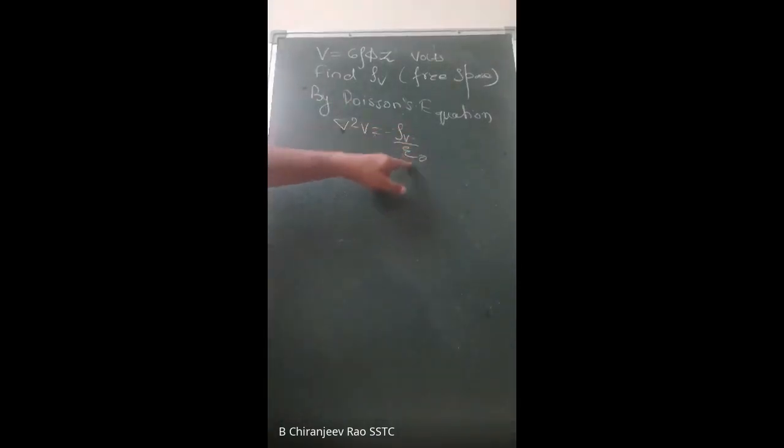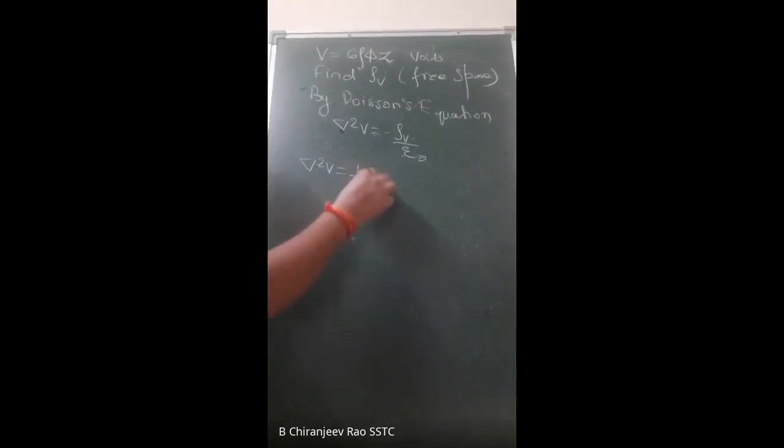Okay. So what is given? V is given. You have to find rho V. So this V is equal to 6 rho phi z belongs to which coordinate system? It belongs to the cylindrical coordinate system. Okay. So we will apply del square V is equal to 1 upon rho del by del rho of rho del V by del rho.